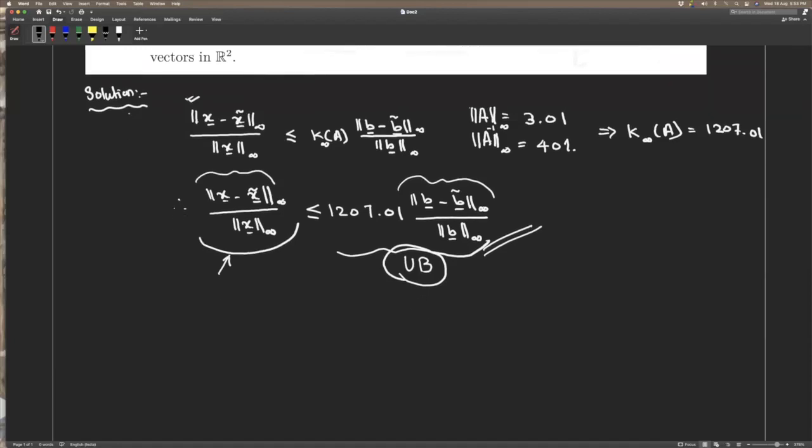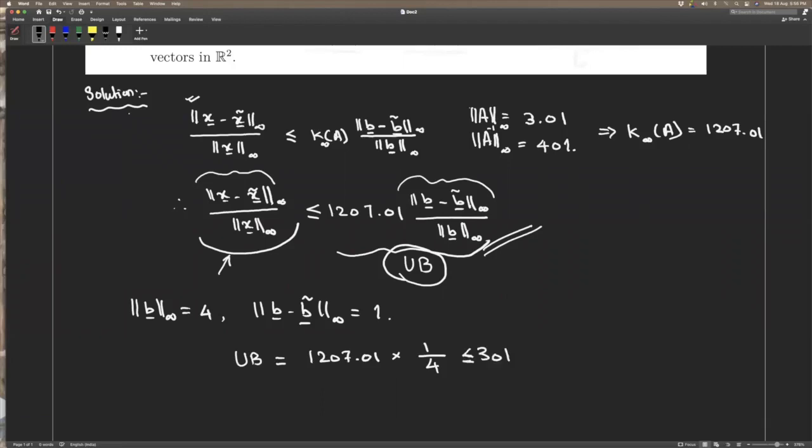First and foremost, you have to find the norm of b, which is actually 4, and the norm of b minus b tilde, in the L infinity norm, is 1. Therefore, the upper bound is going to be 1207.01 into 1 by 4, which is approximately 301.753 in my calculation.